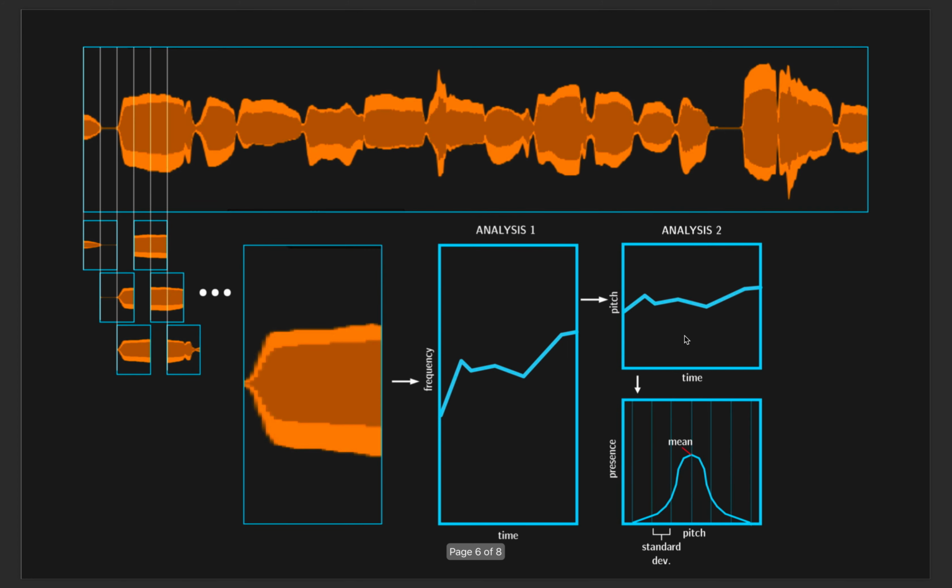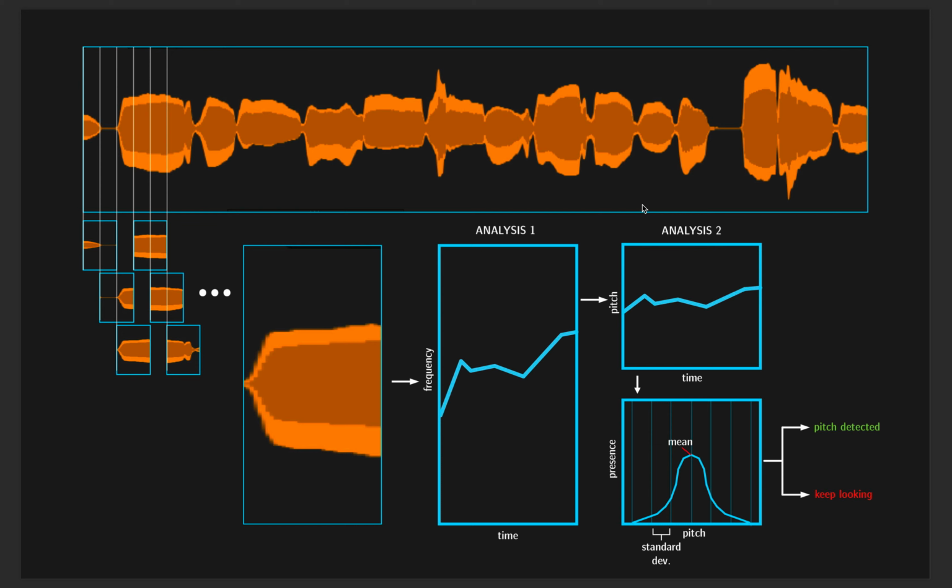So to be more precise, what it does is it computes the standard deviation in semitones and the difference between the mean and the mode. And so if those two values fall below a certain threshold, that chunk becomes one of the output segments, and if it's not, then it moves to the next chunk until it reaches the end of the file.